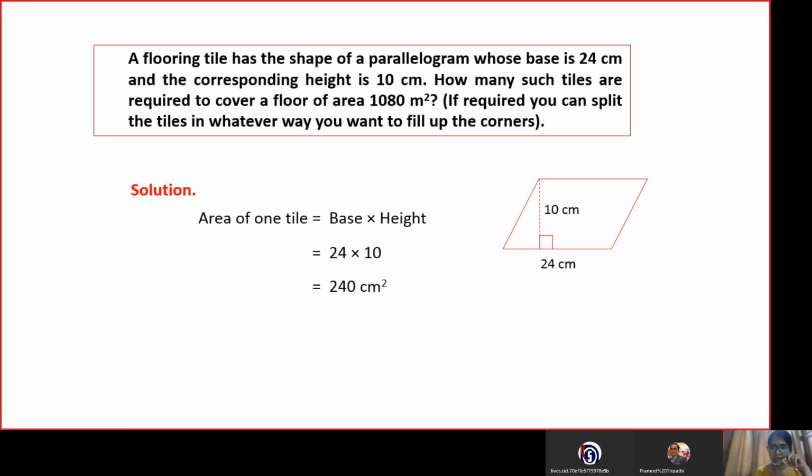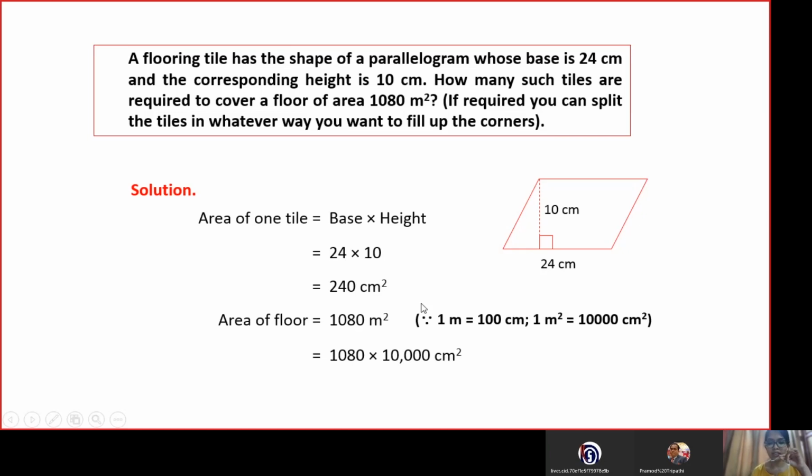Okay, they are asking how many such tiles are required to cover a floor of area 1080 meters square. First of all, look into the unit. The area is given in terms of meter square, whereas the height and base are given in terms of centimeters. So first convert the area also in terms of centimeters.